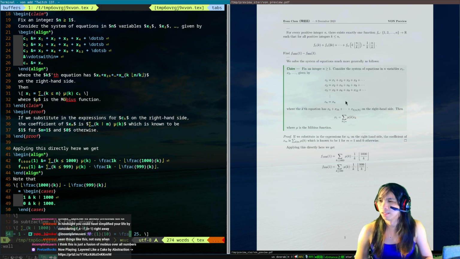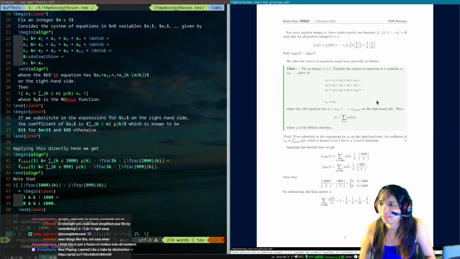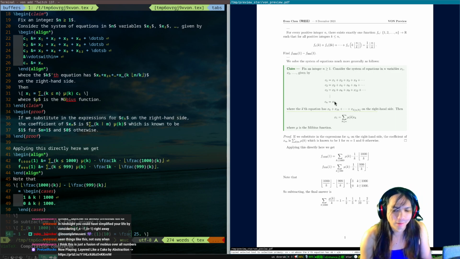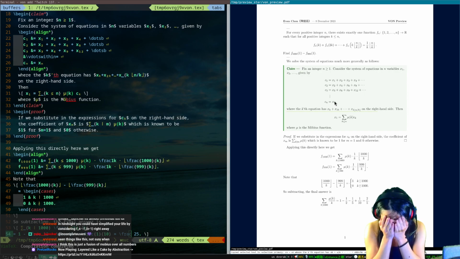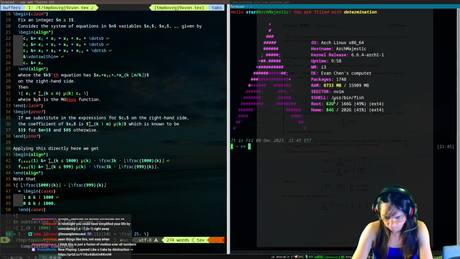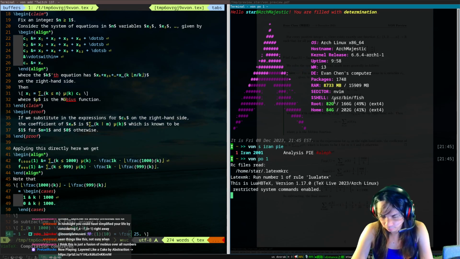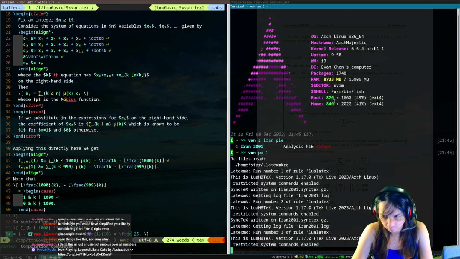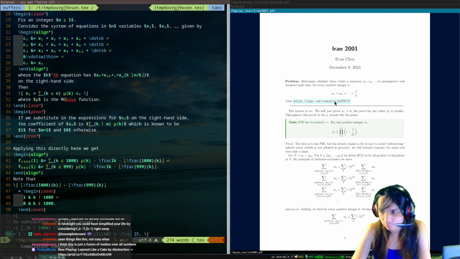No, I feel like I must have seen this exact system somewhere. I refuse to believe this is the first time I'm seeing this particular system because it seems so fundamental. In fact, gotcha.